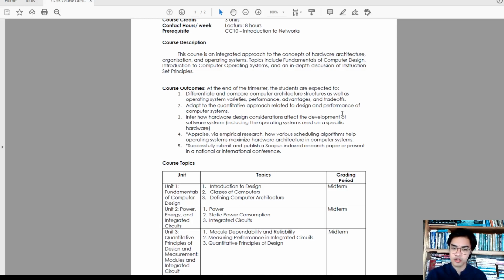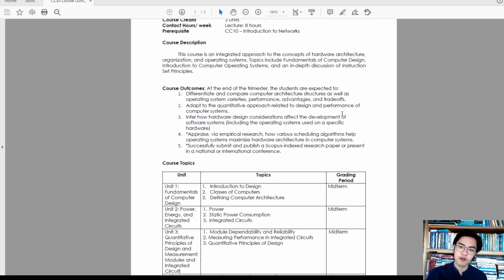So anyway, for the course outcomes, at the end of the trimester, you're supposed to be able to, number 1, differentiate and compare computer architecture structures, as well as OS varieties, performance, advantages, and trade-offs. Second is to adapt to the quantitative approach related to design and performance of computer systems. And third is to infer how hardware design considerations affect the development of software systems, including the operating systems used on specific hardware.